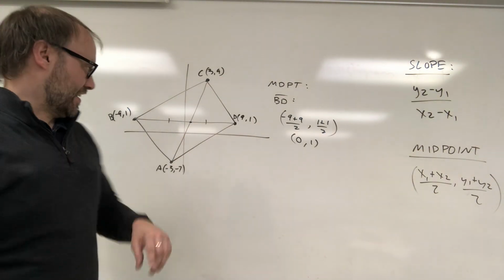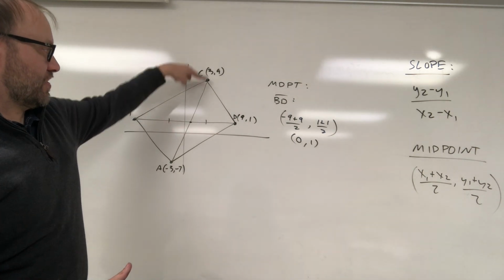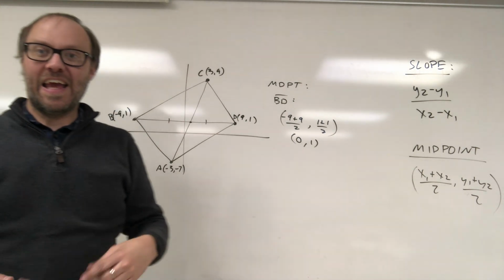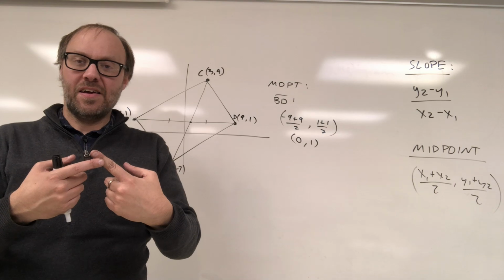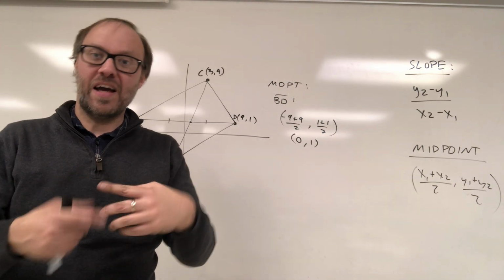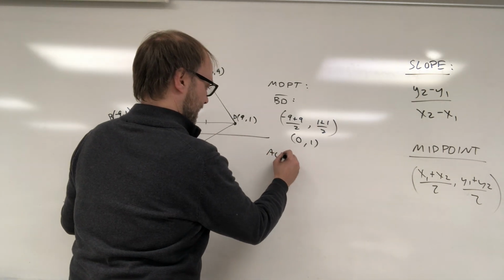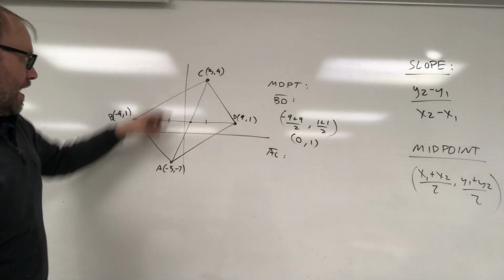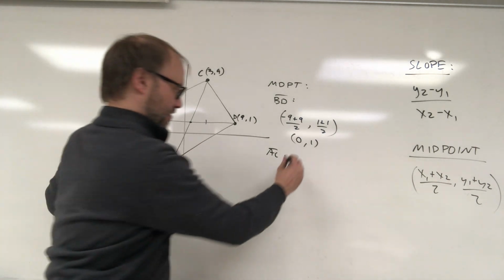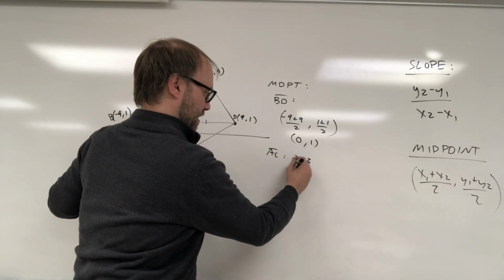The question is, does this segment also get bisected? If the midpoint of those two segments is the same for both lines, we know they're bisecting each other. So I'm going to find the midpoint of AC. I'm taking 3 plus -3 and dividing by 2.